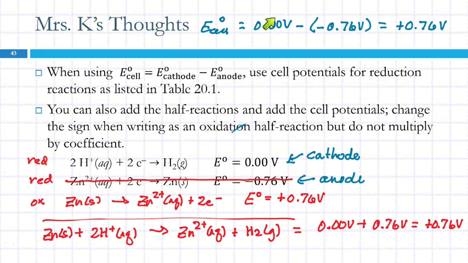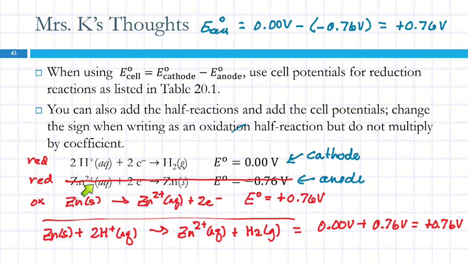This is the standard way that people do it. There's nothing wrong with it, except that I personally find it confusing because I don't like thinking about what's the cathode and what's the anode and which one is final and which one is initial, and I get confused. And I think students do as well. What I like about this is I don't have to think about what's the cathode or what's the anode. I just need to know what direction this one is going, what direction that one is going.